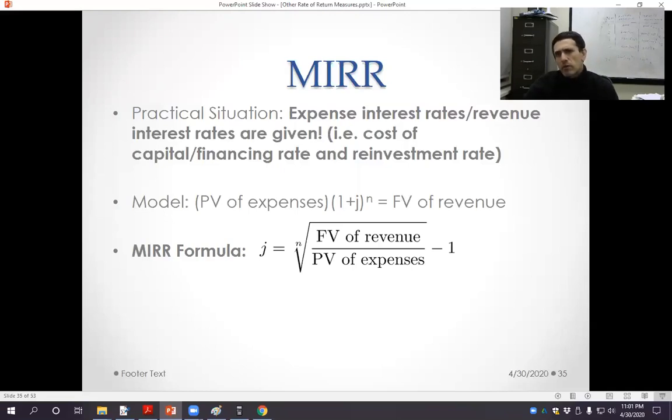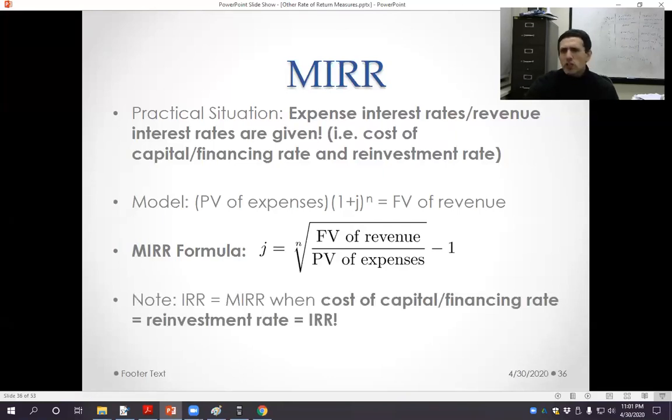Just divide by the present value of expenses, take the nth root, subtract 1, and we get J. And so this is the formula that is not mentioned in our book, but everyone else uses. This is the formula you're going to use. It gives you the correct answer in terms of the book's answer. So really, this is just plug and chug. But if I just threw this formula up, it would not make any sense, in my opinion.